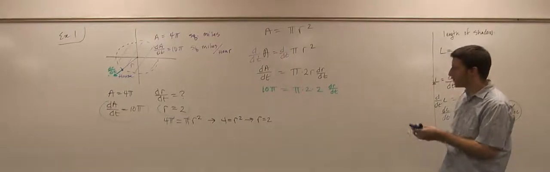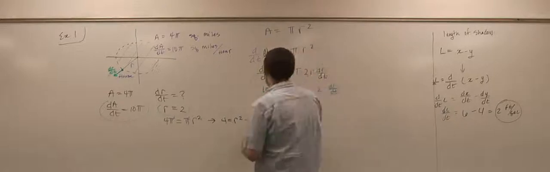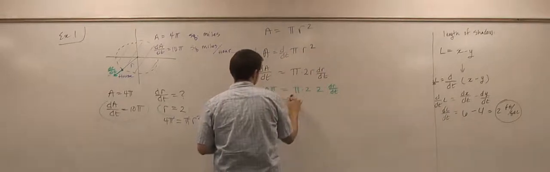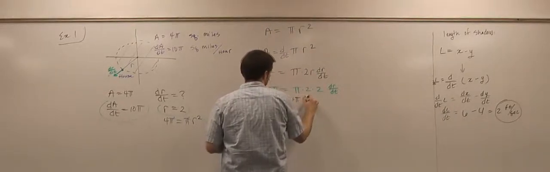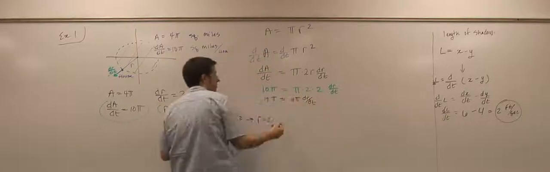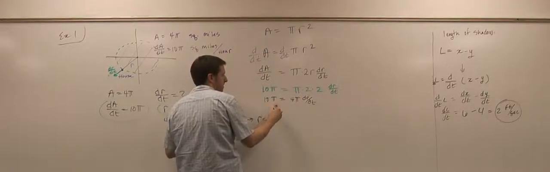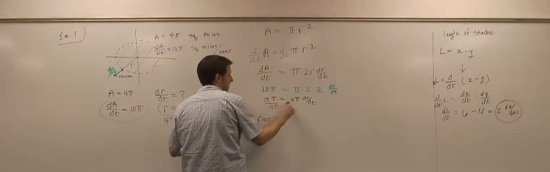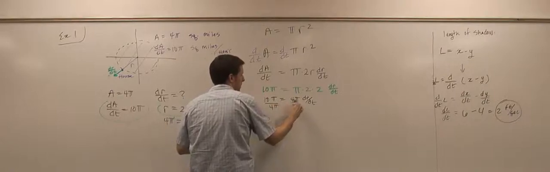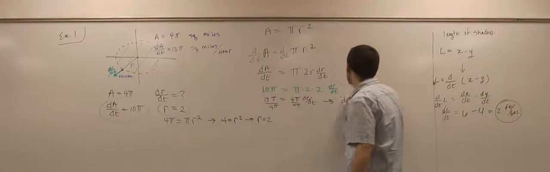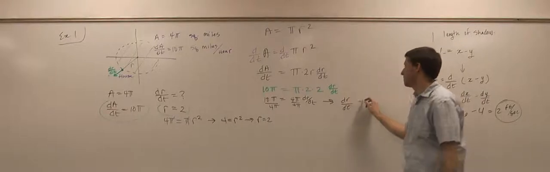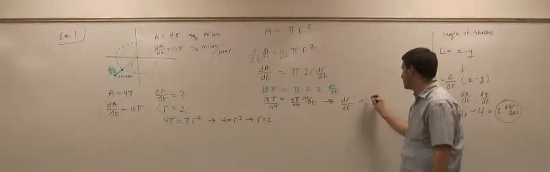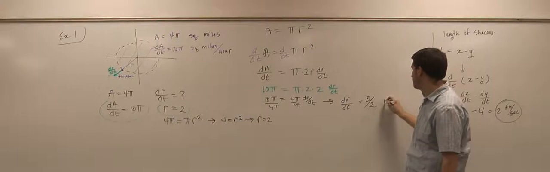So 10 pi equals 4 pi dr dt. Divide both sides. dr dt equals 5 halves.